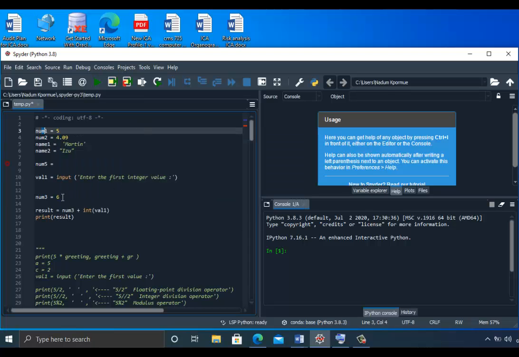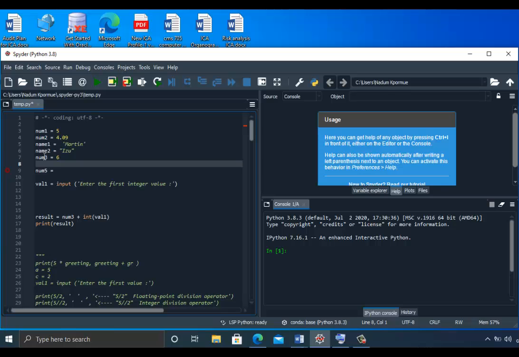Okay, then we have down here, permit me to move this up here, we have num3 as integer what? 6. And we say num1 add num3.